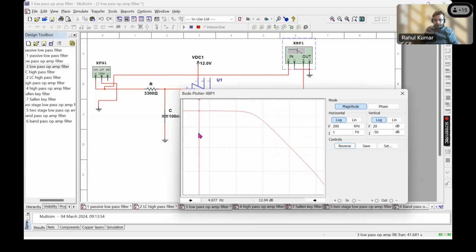Now for the cutoff, from 12 dB if you go down 3, that will be 9 dB.